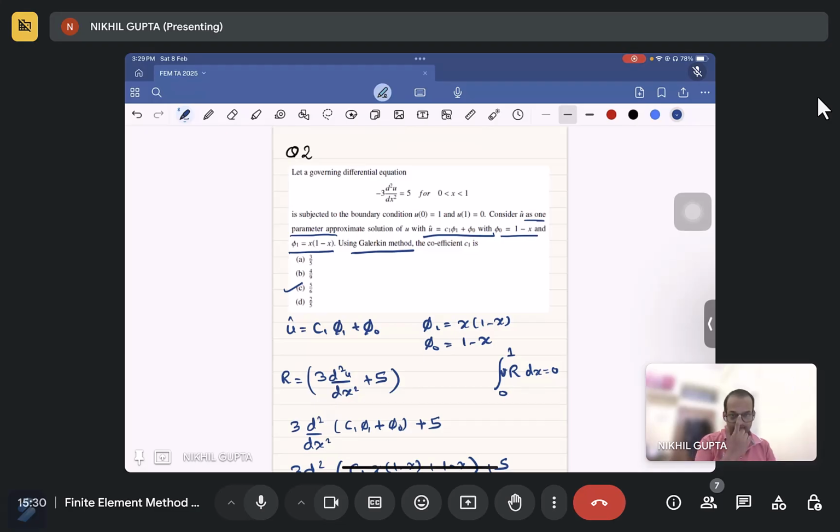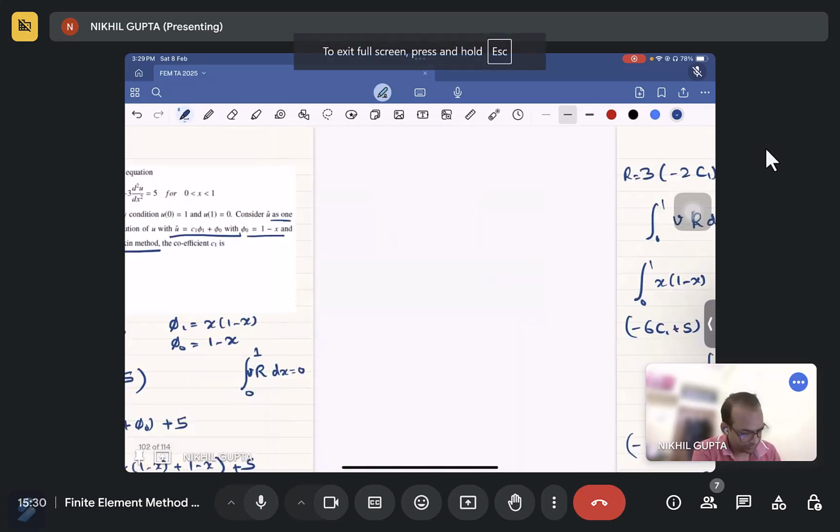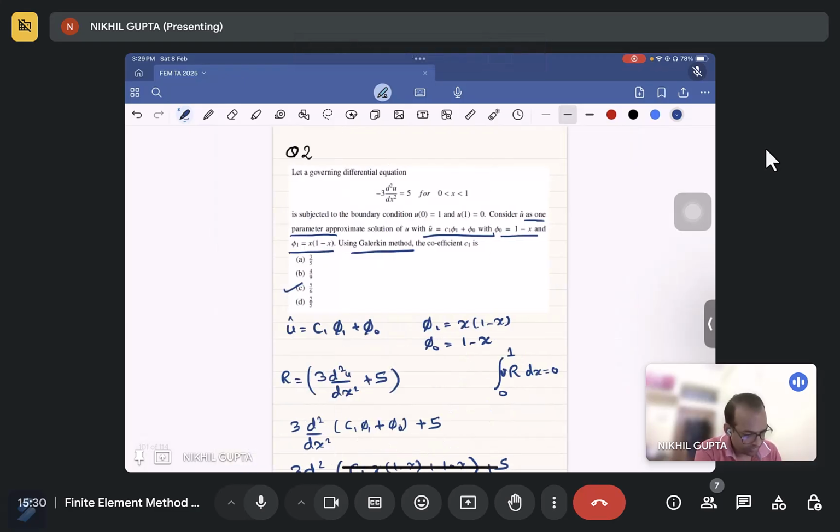One thing to note: how did we take the value of V as x(1 minus x)? We always use phi 1 for the weighted function, and this is the Galerkin method.